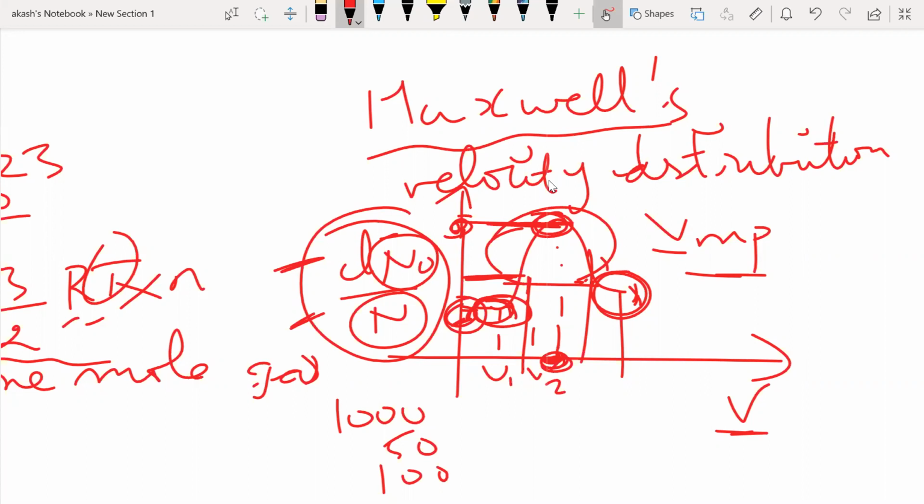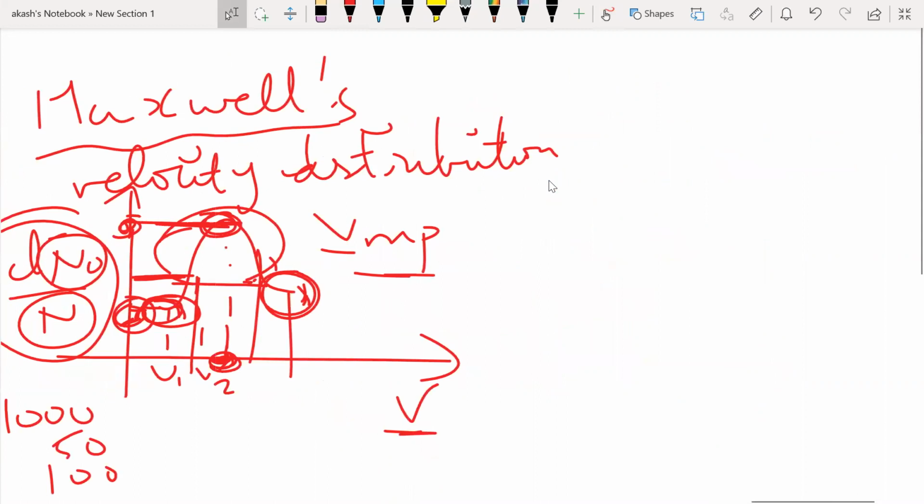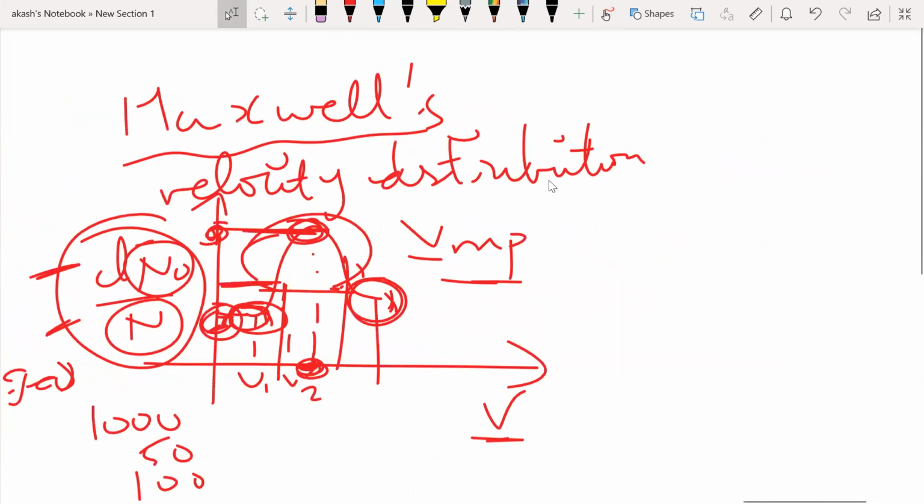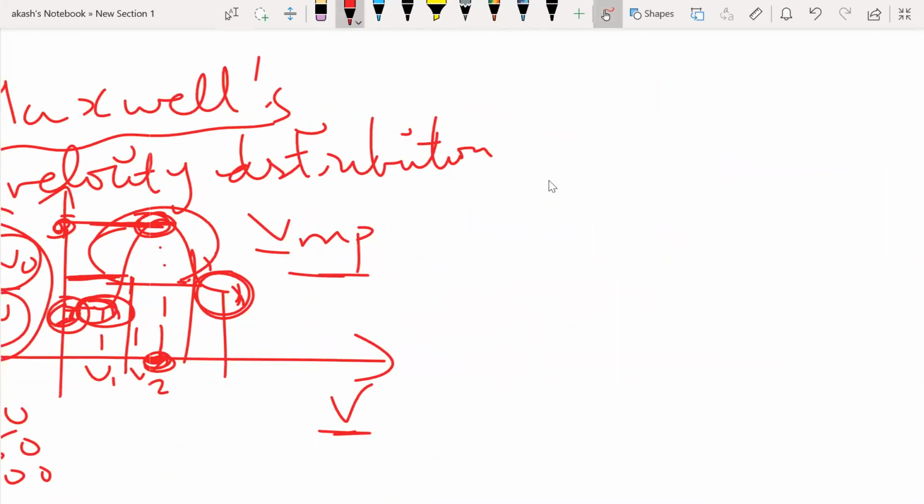Now I told you that you will be able to visualize what happens if I increase the temperature. Sir, which point on the graph shows the most probable velocity? I'll show you. That's a very clumsy graph. Let me draw it here again. So this is the number of particles, and this is velocity.